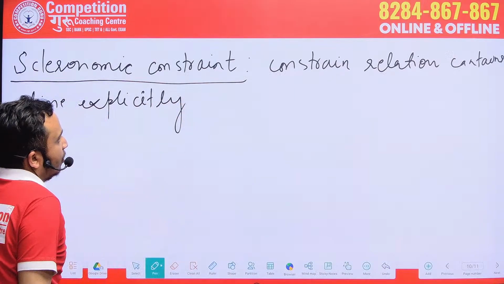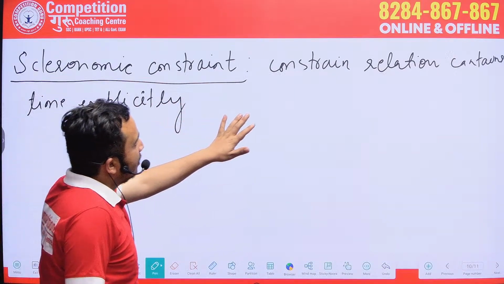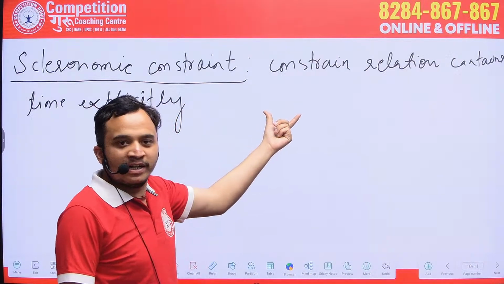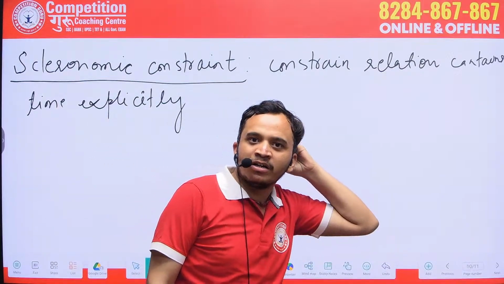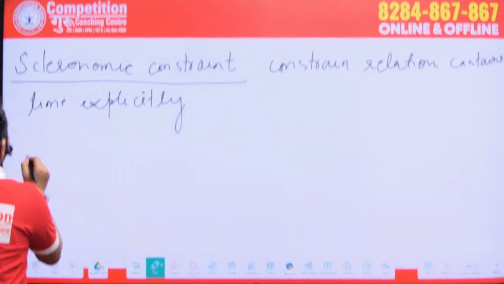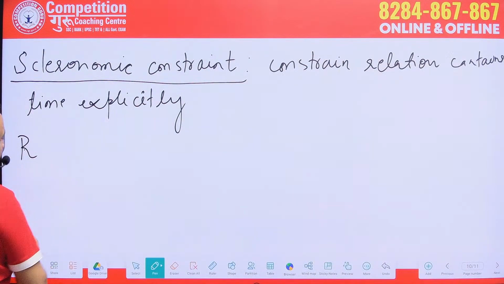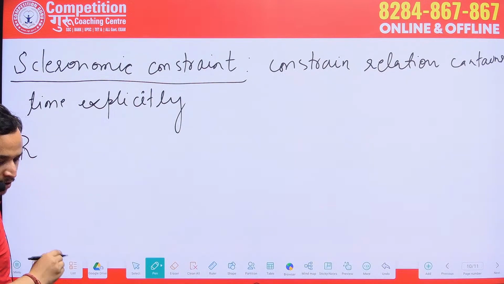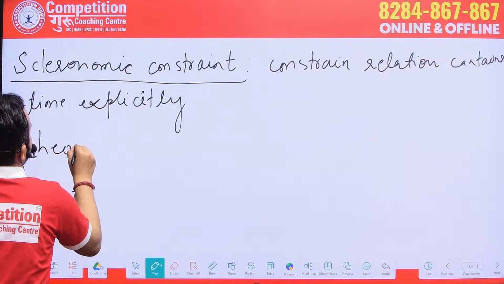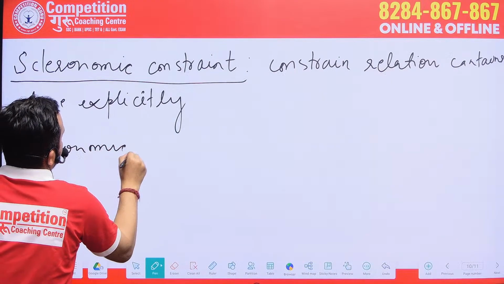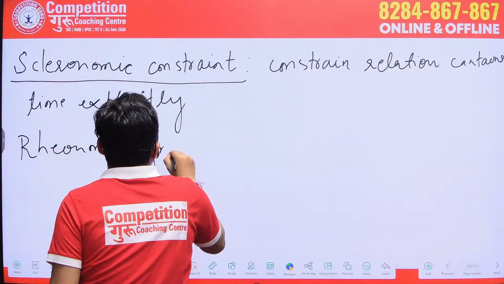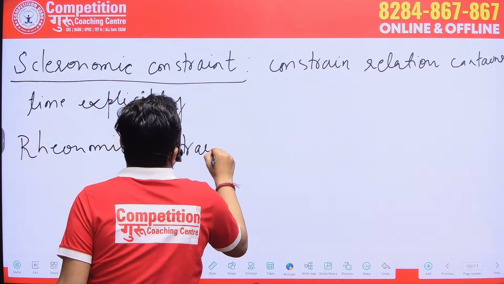Explicitly means in the equation there is a time, the time is visible in the equation, so that equation is called a scleronomic equation. And another subtype is the rheonomic constraint.